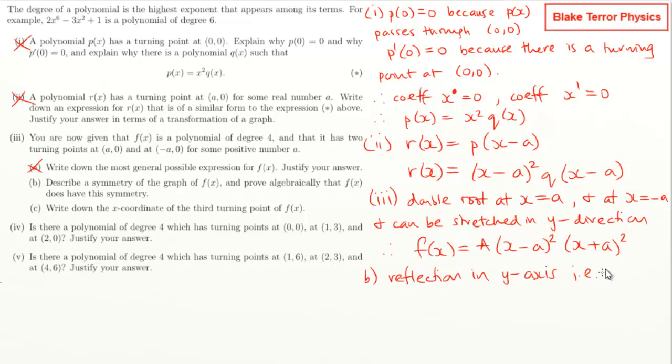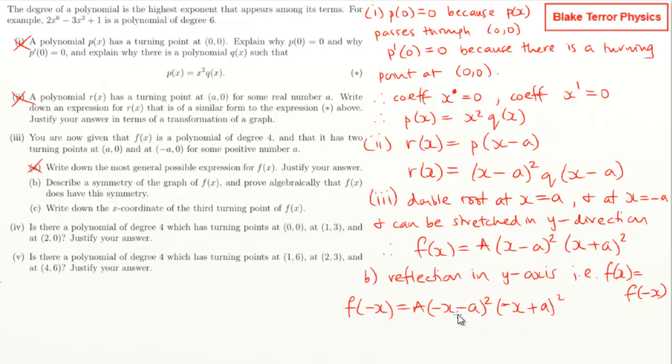So i.e. f of x equals f of minus x. Let's put that into this then. F of minus x is going to be (a minus x minus a) squared times (minus x plus a) squared.